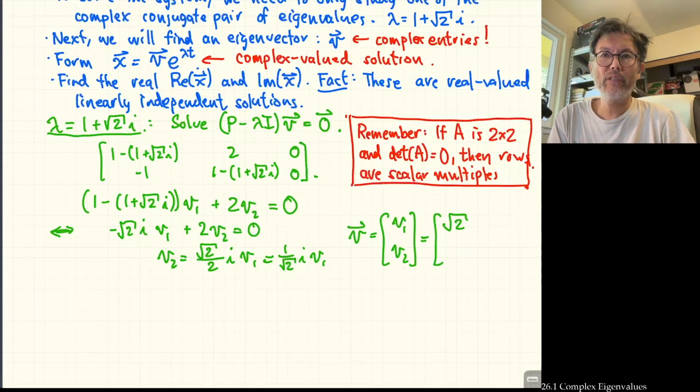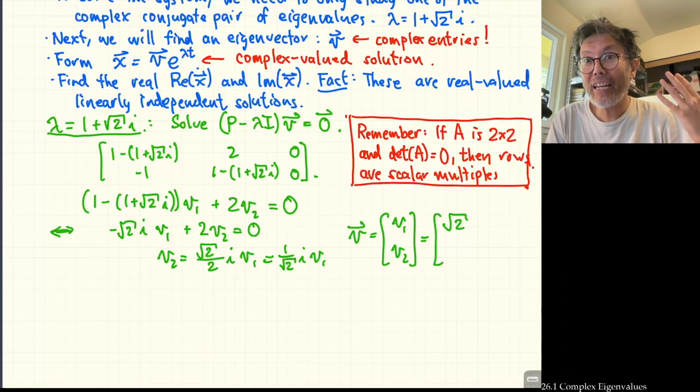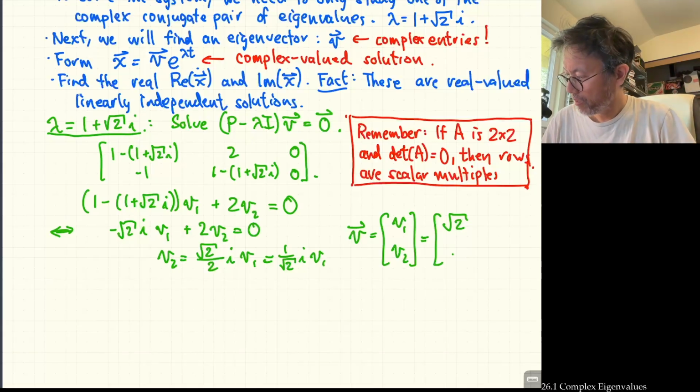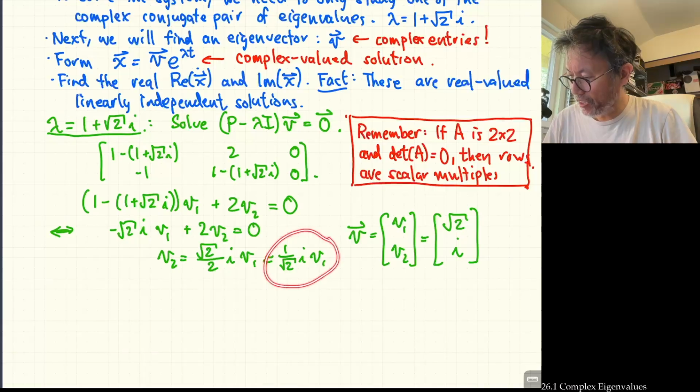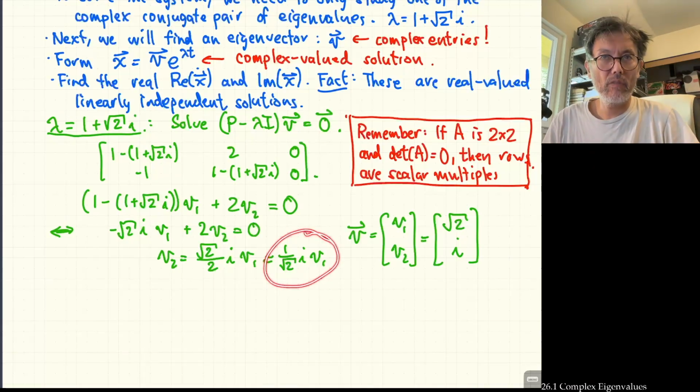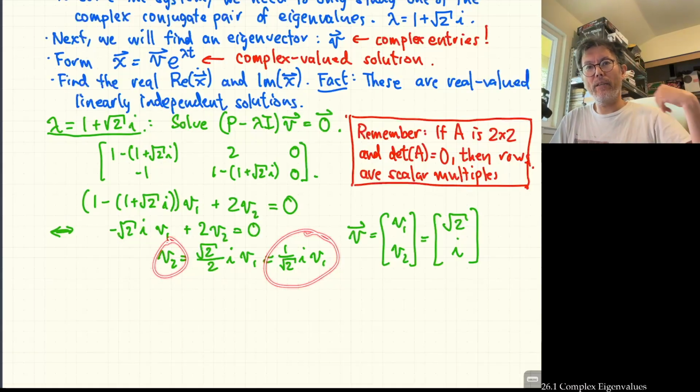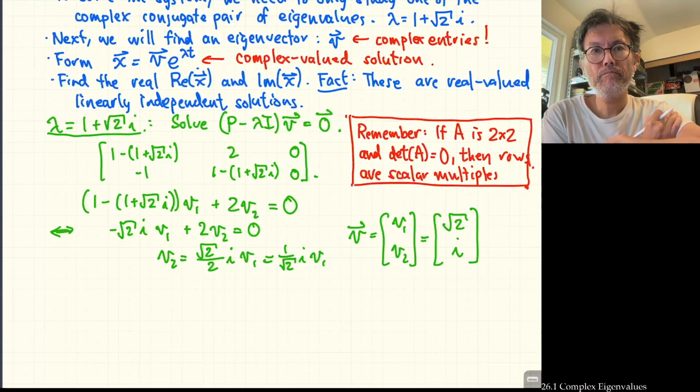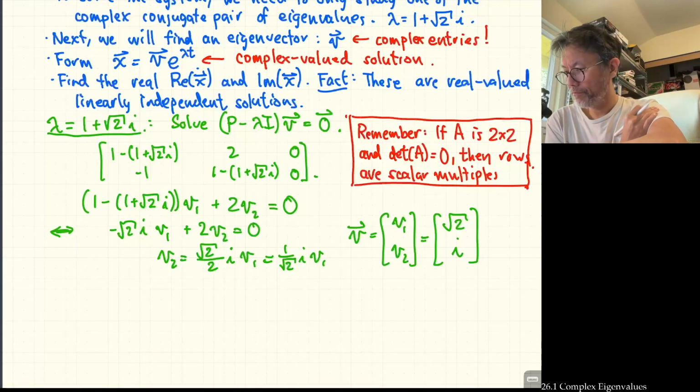It doesn't get rid of square roots. But then what's v2? v2 is i. Do you see that? Because if v1 is square root of 2, then v2 evidently is i. So that's my eigenvector.